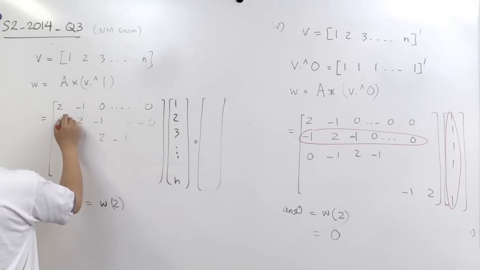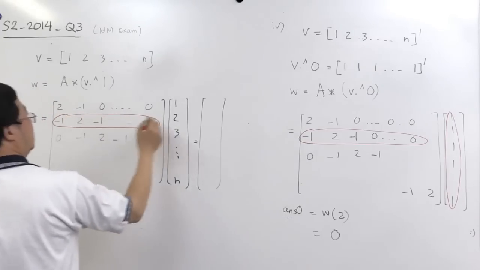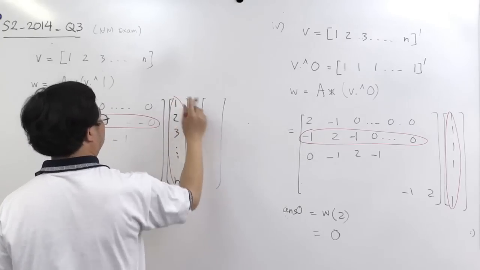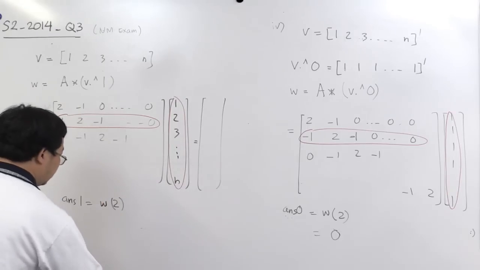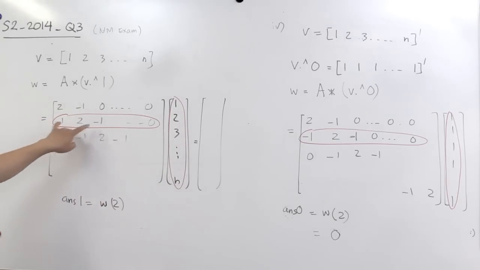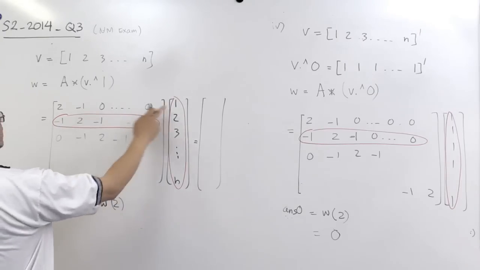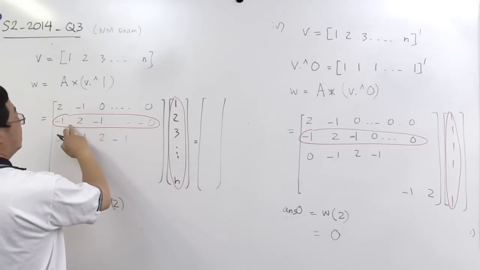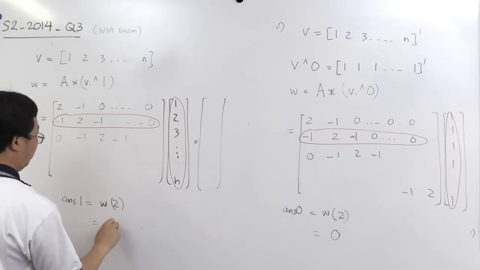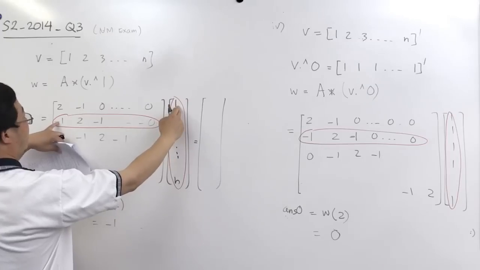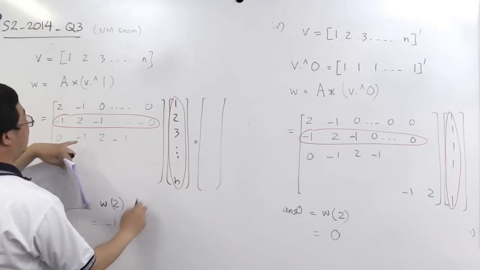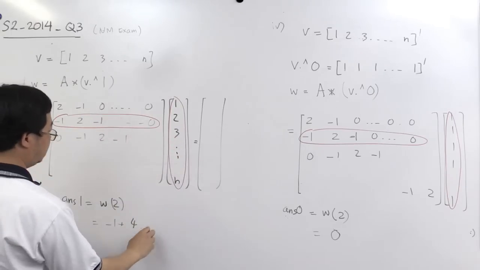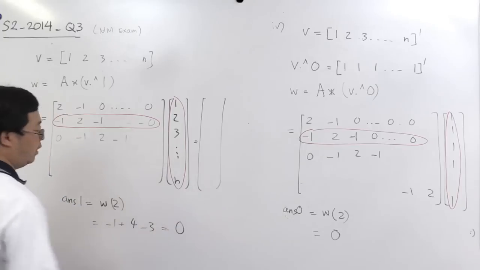Because there are a lot of 0s, you only need to take the first 3 entries. So -1 multiplied by 1 is -1, 2 multiplied by 2 gives 4, and -1 multiplied by 3 gives -3. So this one gives you 0 as well.